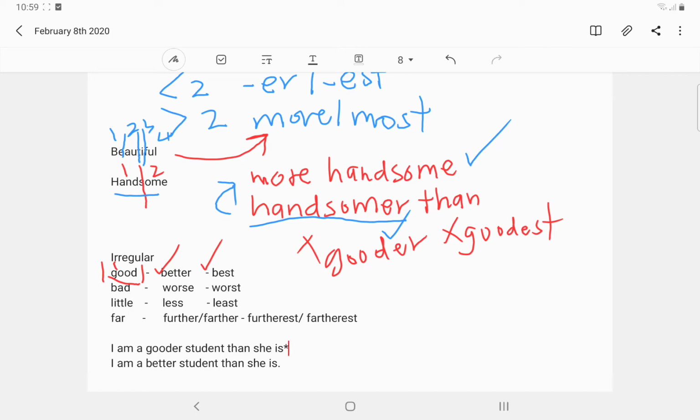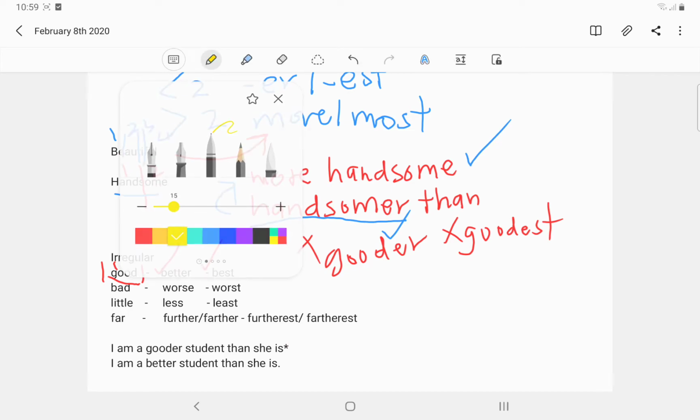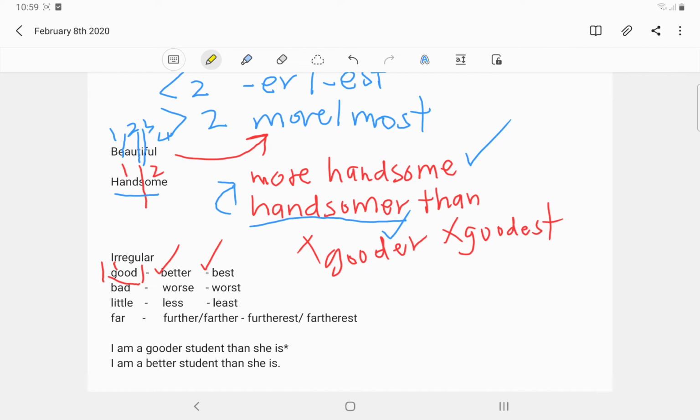Kalau kita tengok, dia punya structure adalah sama. Structure penulisan adalah sama. I am a better student than, better than, gooder than. Cuma gooder adalah salah sebab good adalah irregular. Itu sahaja. So, cara penggunaan adalah sama.